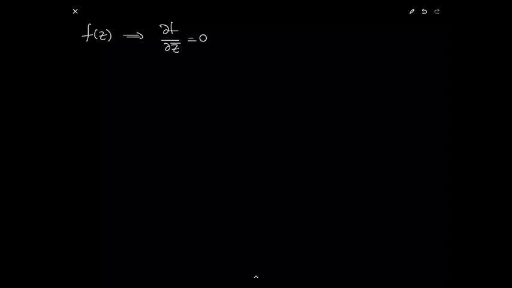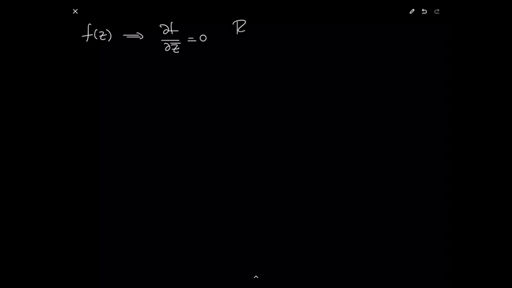Now, it's interesting that we can obtain the Cauchy-Riemann conditions simply from the fact that f is a function of z alone. So, f being a function of z basically implies that if we take the derivative with regards to the conjugate, that's equal to 0.